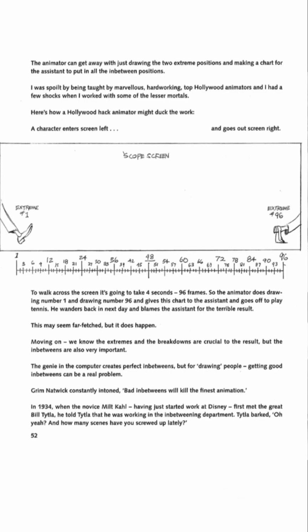To walk across the screen, it's going to take 4 seconds, 96 frames. So the animator does drawing number 1 and drawing number 96 and gives the chart to the assistant and goes off to play tennis. He wanders back in next day and blames the assistant for the terrible result. This may seem far-fetched, but it does happen.